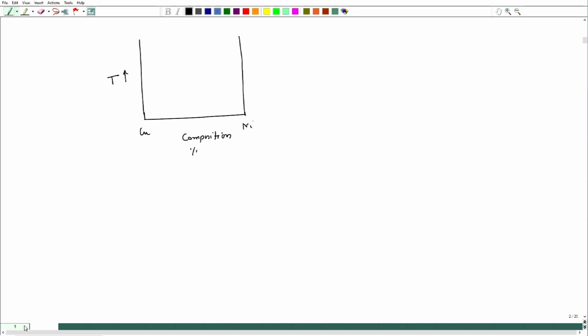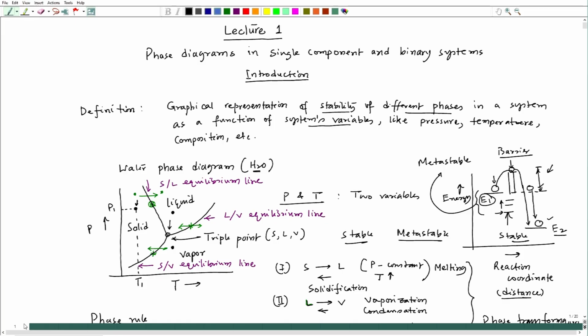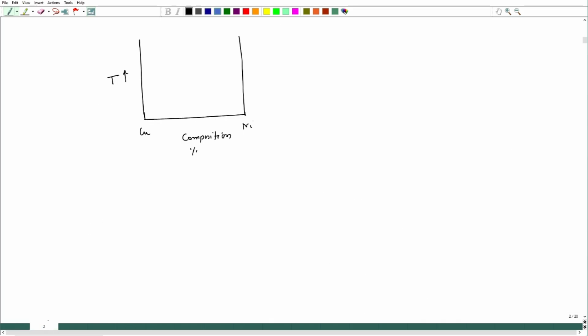In the case of the water system, remember I had not put any values; those values I will put later on, but schematically it looks like this. But in case of copper, this is 100% copper and this is 100% nickel, and in between I can put percentage of nickel or mole fraction of nickel, considered as X nickel.